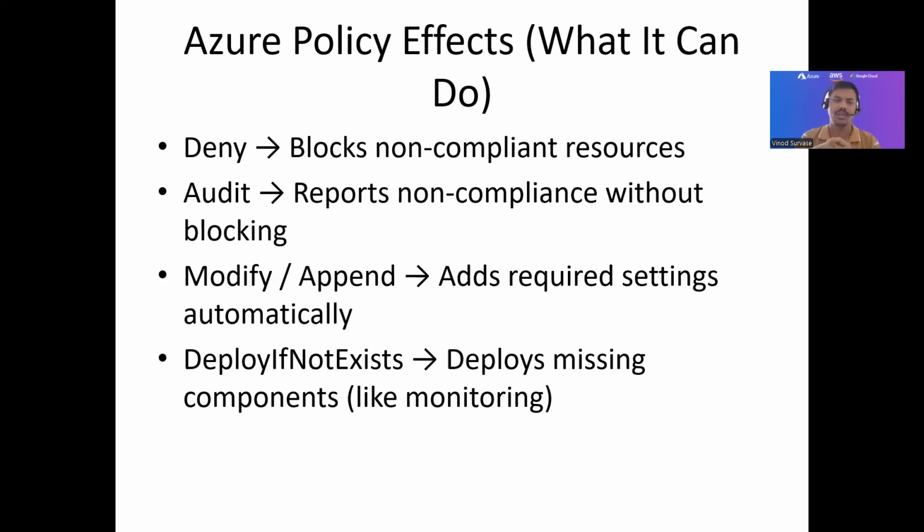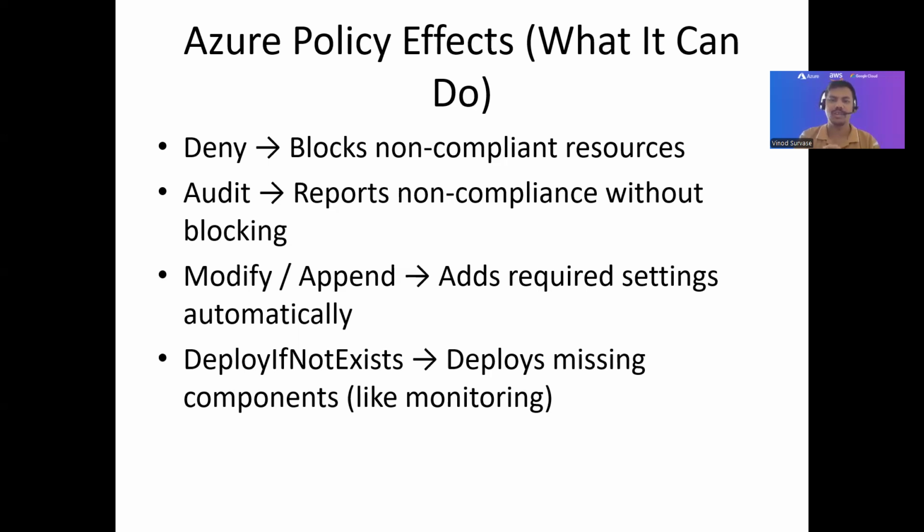The second one is audit, which reports the non-compliance without blocking. This means it is only going to audit all those workloads and actions, and it is going to notify but not going to take actions like block or deny, right? Number three is modify or append, which is adding the required setting automatically when we are allowing that to happen.